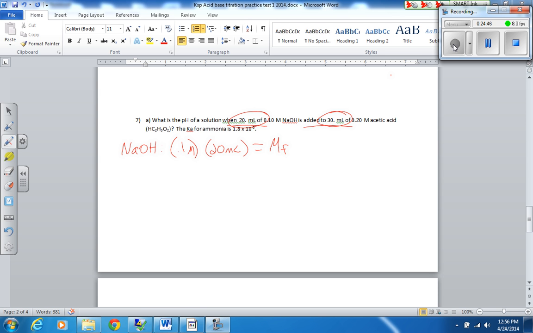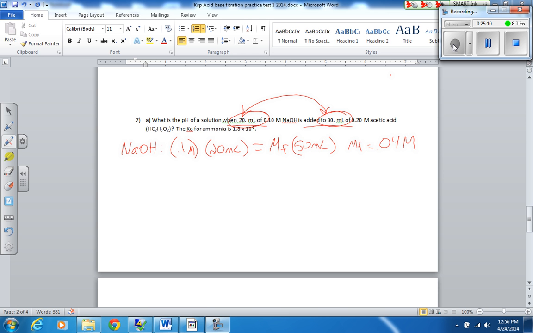final. We have to add these together: 20 plus 30, 50 milliliters. So Mf is going to be 0.04 molar. You do this for all the chemicals that you're given, only when you have two volumes.